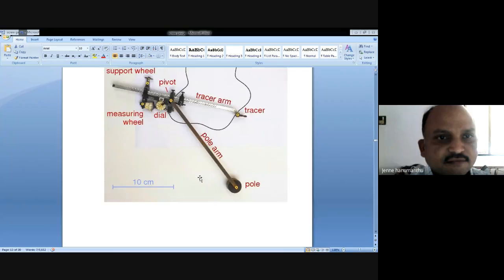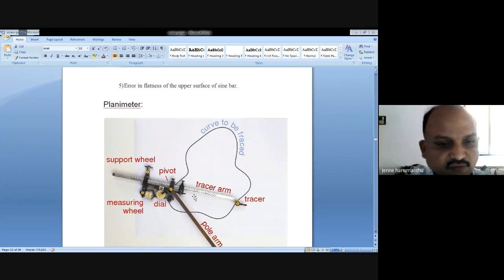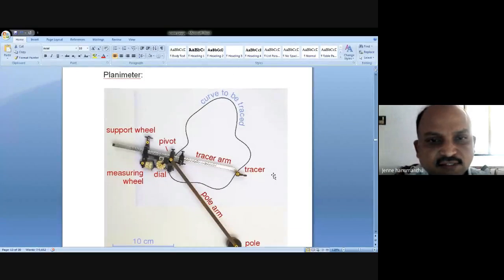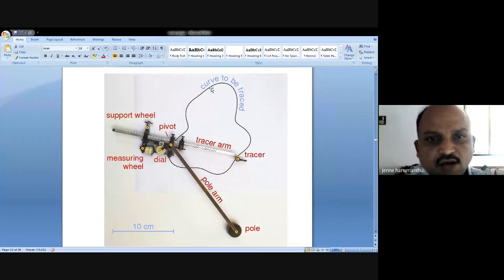See the colourful planimeter. So this is the curve to be traced.